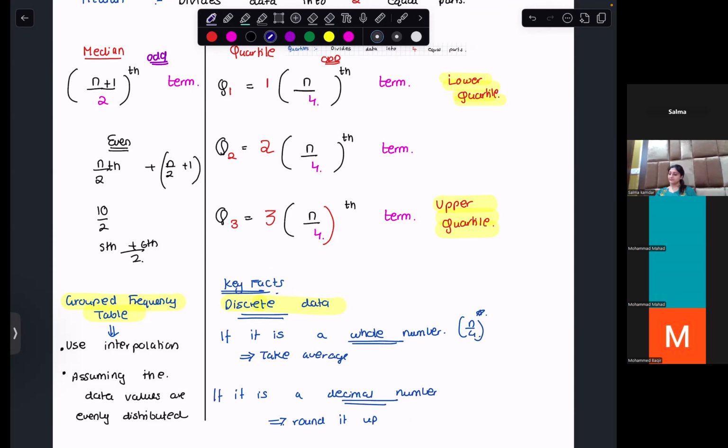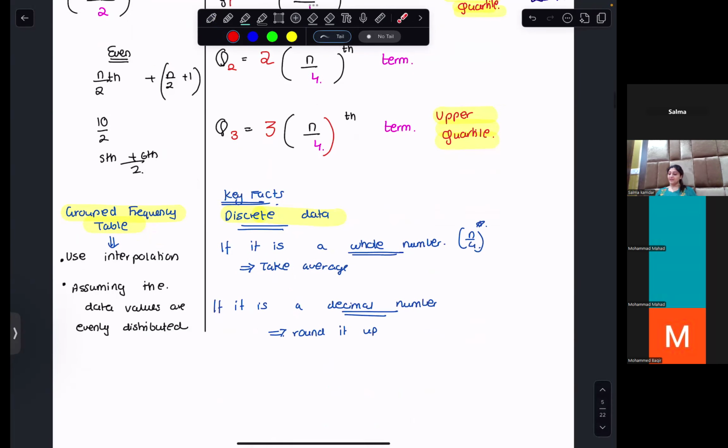And then Q2 is the median, basically 2n divided by 4, which is 50% of the data. And then Q3, which is the upper quartile, is basically 3n divided by 4, which represents 75% of the data.